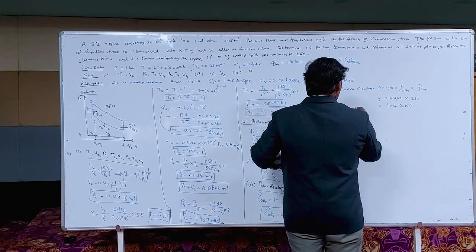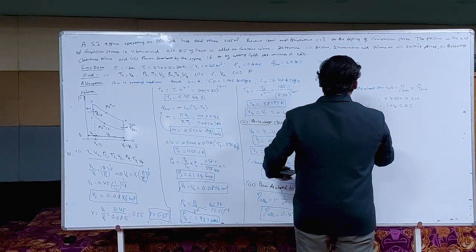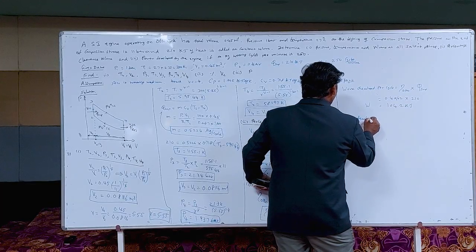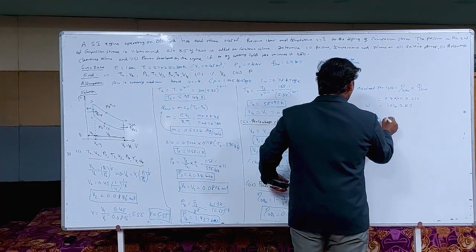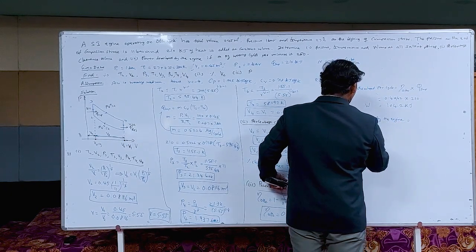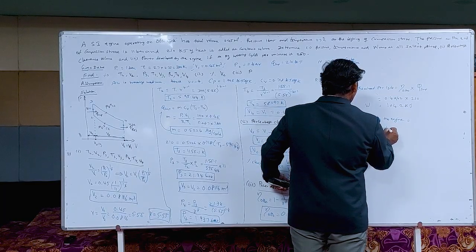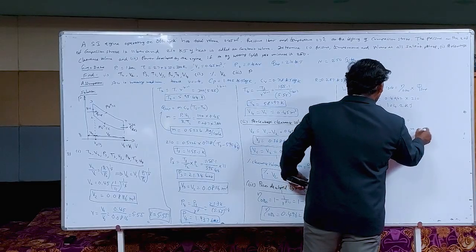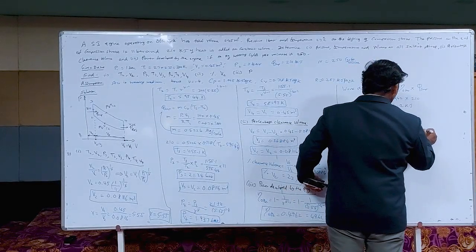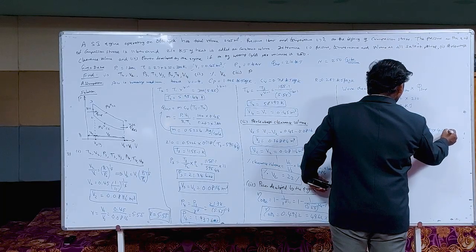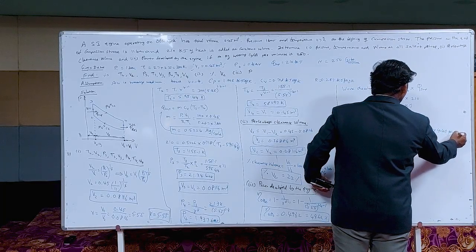Now, what is the power developed? Power developed by the engine is equal to work developed per cycle into the number of working cycles per second.